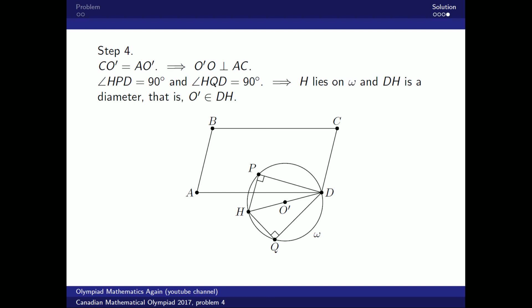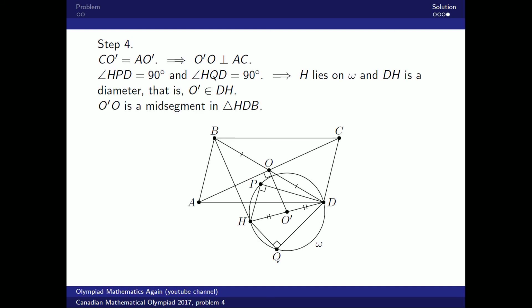And not just that, HD is the diameter of this circle. Therefore, its center O' lies on HD, and it divides this segment HD in half. So O' is the midpoint of HD, right?